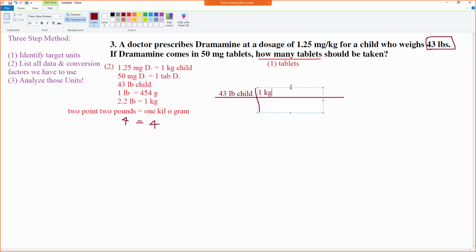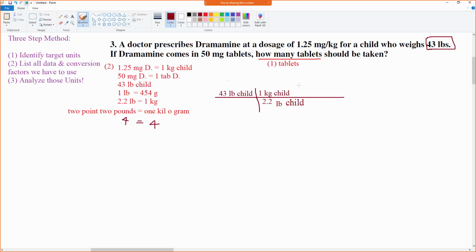One kilogram is 2.2 pounds. Okay, here we go. Pounds of child cancels. All right, now 1.25 milligrams of Dramamine over a 1 kilogram child. So we're going to use now this guy right here.